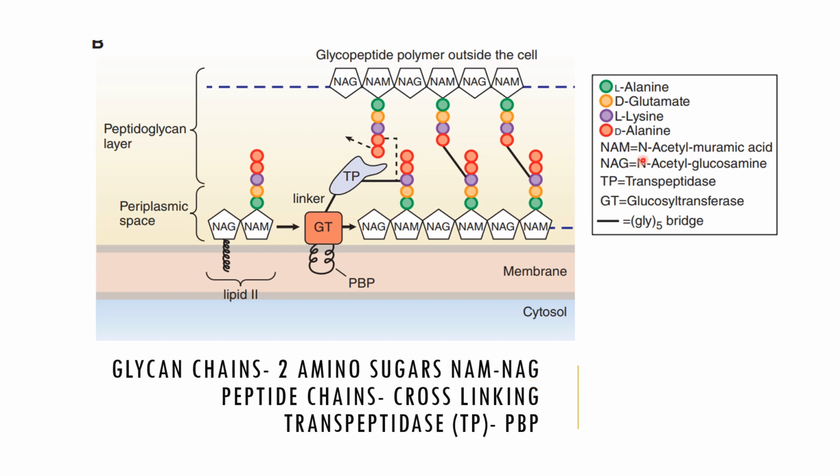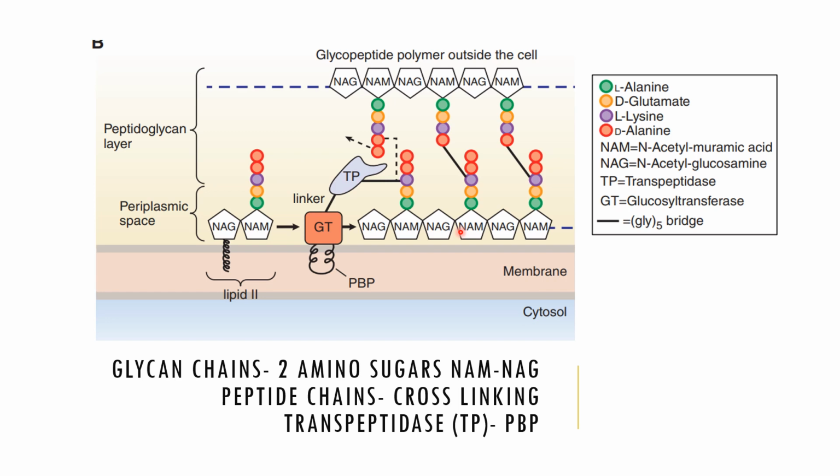NAM is N-acetyl muramic acid, while NAG is N-acetyl glucosamine, and these two amino sugars are arranged alternately, so here is NAG, NAM, NAG, NAM, and this forms a chain. This is the glycopeptide polymer outside the cell wall, and here is one more chain.